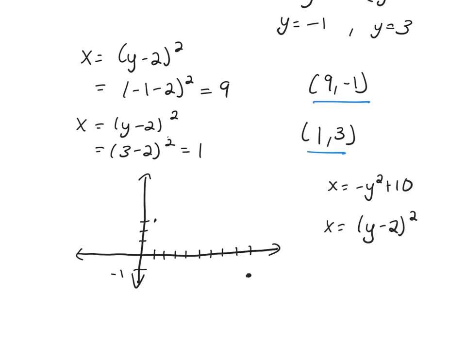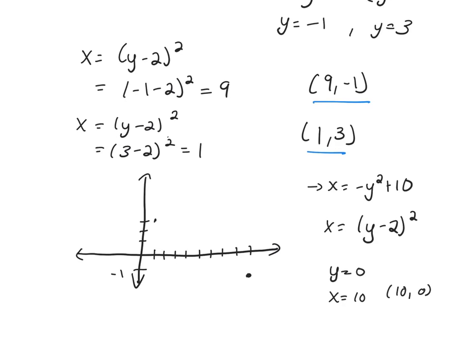So y was between -1 and 3. So maybe let's plug in y equals 0 into the first one. What am I going to get in this first equation? x equals 10. So I get the point 10, 0.